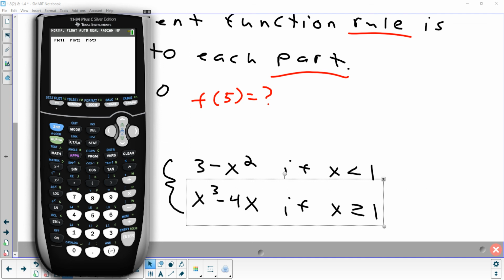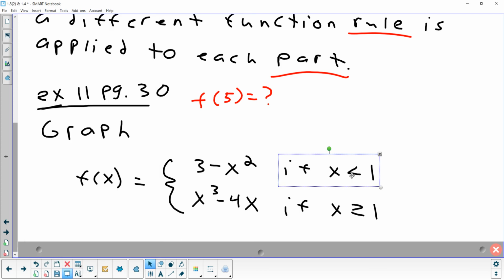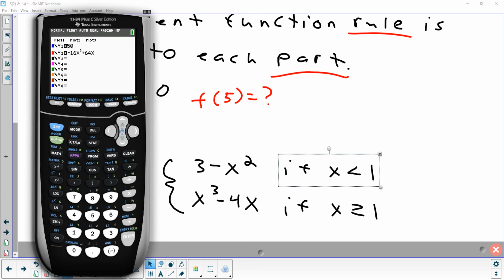To graph a piecewise function, the big difference is 1, you have to use parentheses, and 2, you have to type in that condition. So this is how you do it. The first part is pretty much the same. The only difference is we're going to put 3 minus x squared in parentheses. And now next to it in parentheses, I'm going to type in a condition.